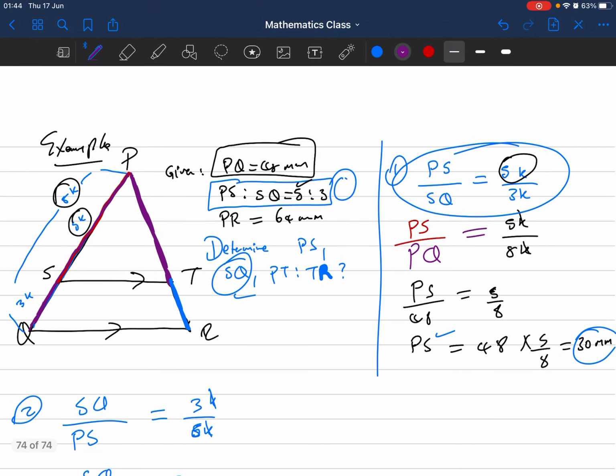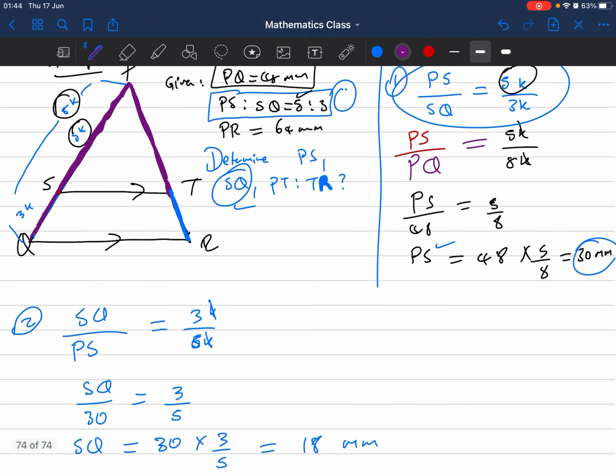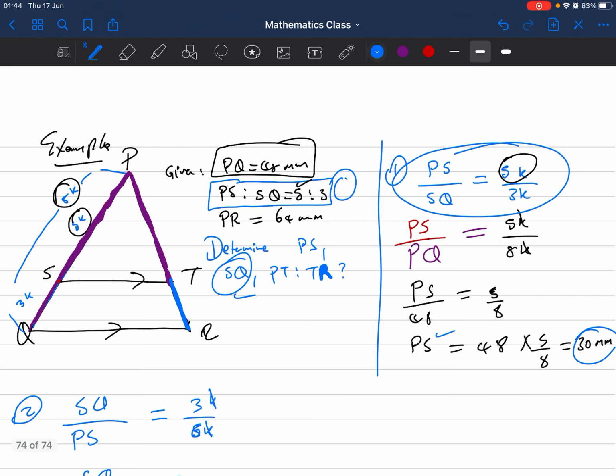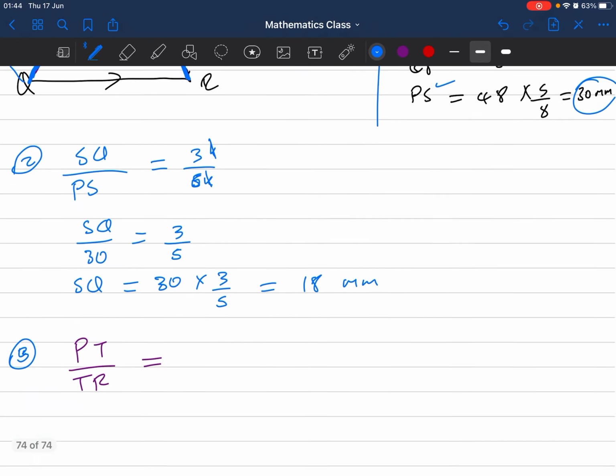PT to TR is proportional to PS, correct? And SQ, correct?